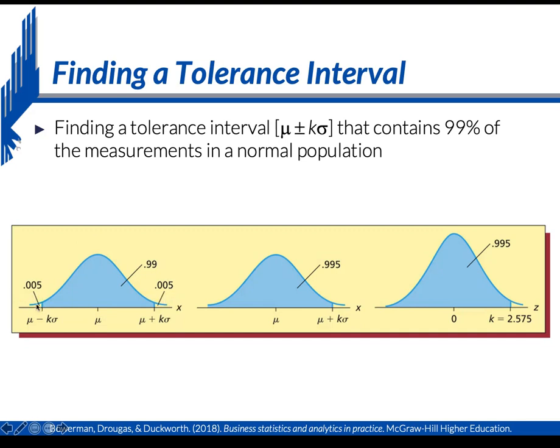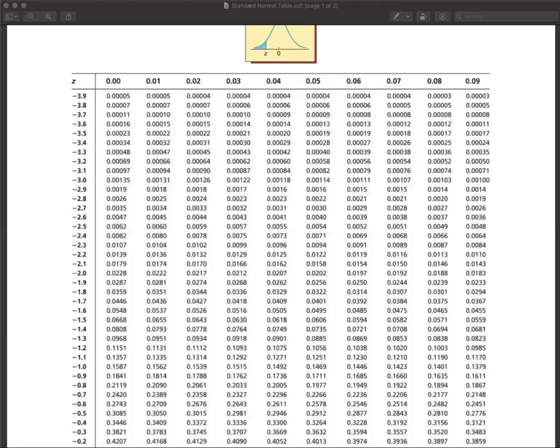So since we have this area here to the left of this z-score, we can easily find this using the standard normal table. So again, look for 0.005. And if you search for 0.005, again, we do not find the exact value, and it's in between two probabilities, 0.0051 and 0.0049.